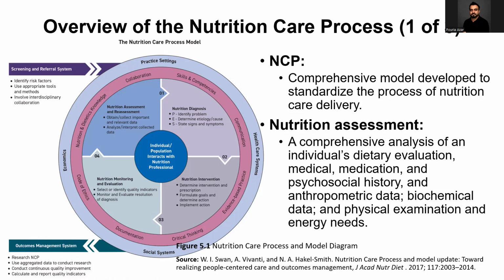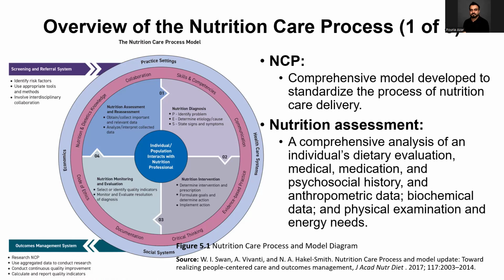Remember, this is not a linear model. This is a circular model, which means we can go from nutrition monitoring and evaluation to nutrition assessment and reassessment. In some cases, we don't have to do that, but in some cases, we have to have nutrition assessment and reassessment after nutrition monitoring and evaluation.